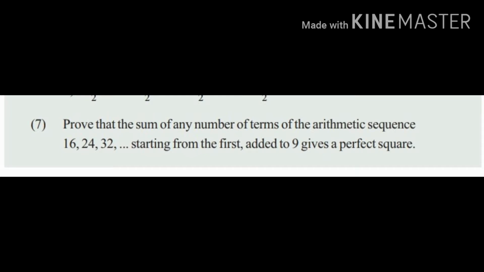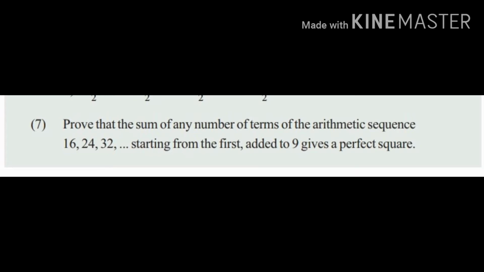It means when we add the sum of any particular number of terms of the arithmetic sequence, for example the first 100 terms of this sequence, that sum plus 9 will be a perfect square. That we need to prove here. That means sum of n terms plus 9 gives a perfect square.